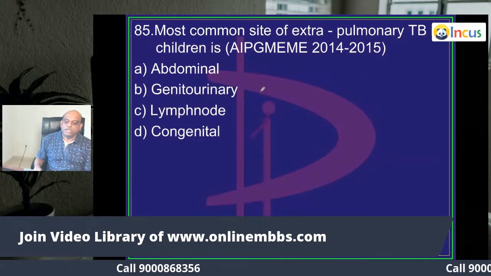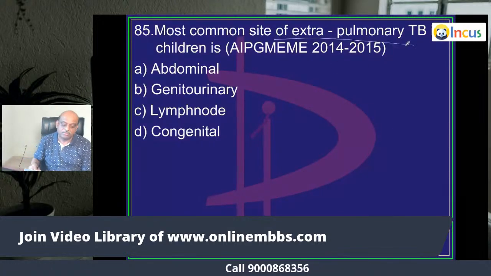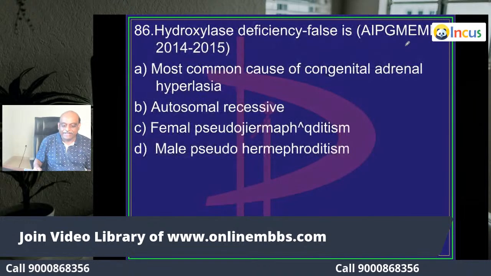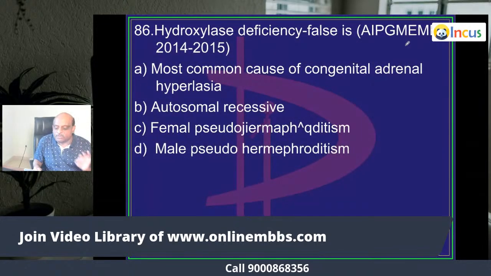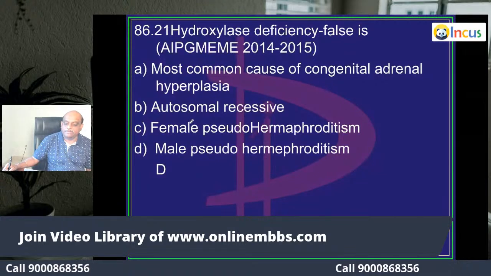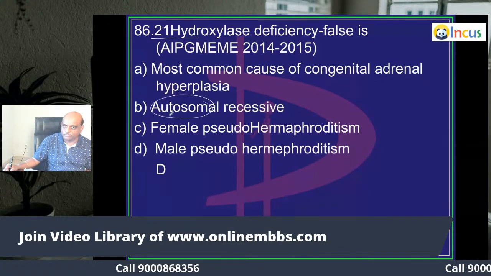Now, doctor, the most common site of extrapulmonary TB in children is lymph node. Hydroxylase deficiency, what is the wrong statement? Typically, 21 alpha hydroxylase deficiency is autosomal recessive.